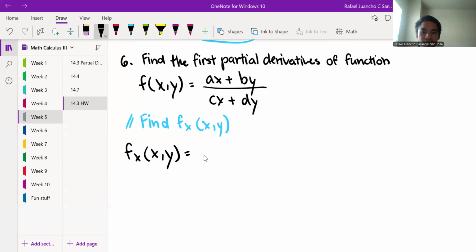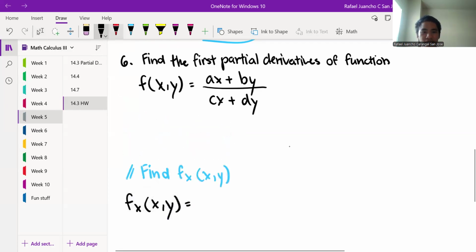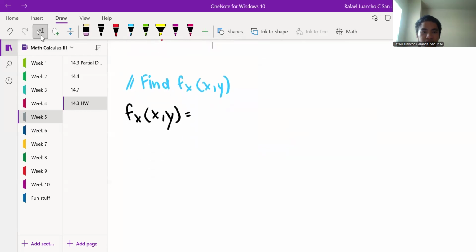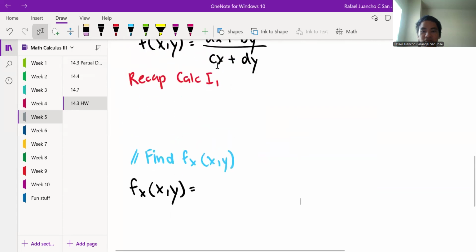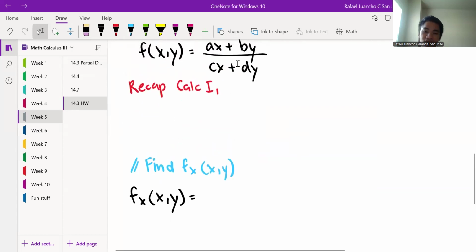Why not? So let me just introduce what quotient rule is before I move on to doing this. It's a calculus 1 topic. So I'm just going to do a brief recap. So recap, calc 1. And I'm going to say here, one of the techniques of taking a derivative given a fraction is using quotient rule.